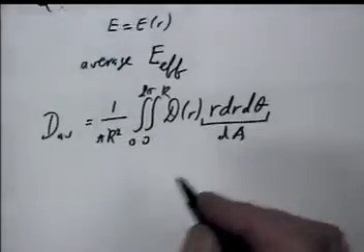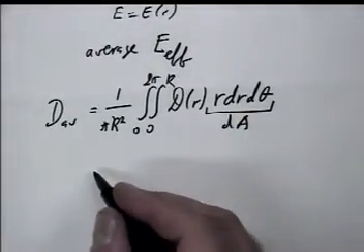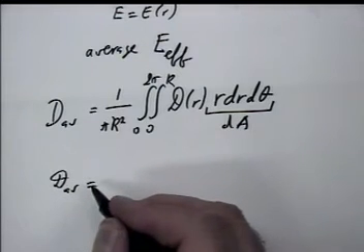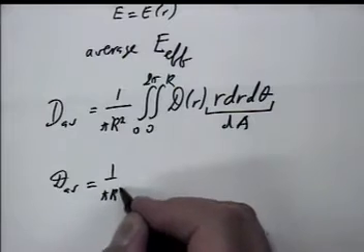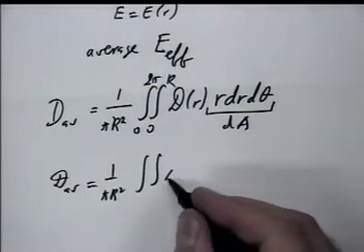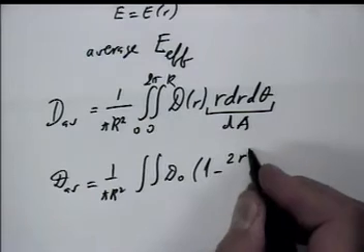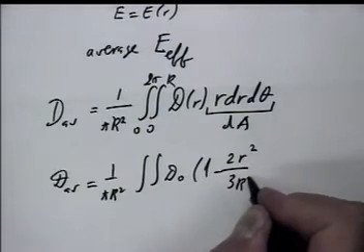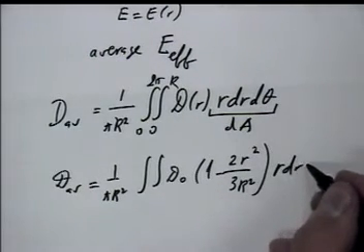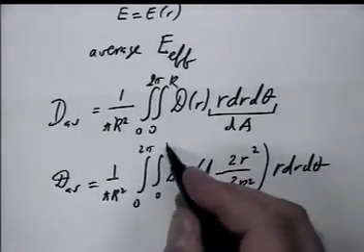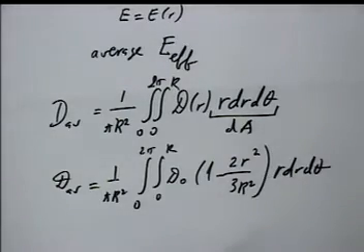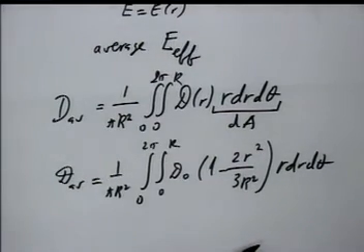And now if I substitute this expression here, I get D average equals 1 over pi R squared, this integral of D0 (1 minus 2 r squared over 3 R squared) r dr d theta, from 0 to 2 pi, from 0 to R. So that is the plate average. I'm integrating D around the plate's surface and dividing by the area.